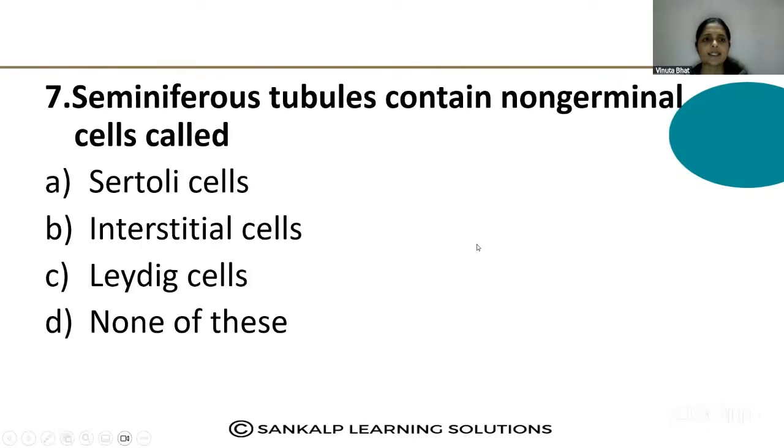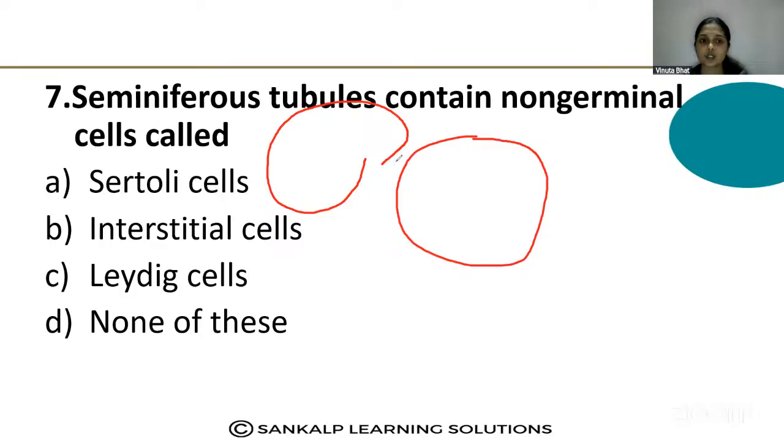Next one. Seminiferous tubules contain non-germinal cells called Sertoli cells, interstitial cells, Leydig cells, or none of these. Non-germinal cells inside the seminiferous tubule, not in between the adjacent seminiferous tubules, means Sertoli cells.